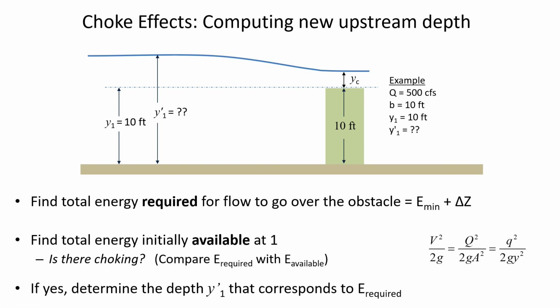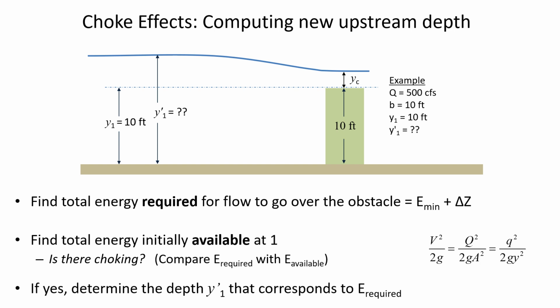Least amount of energy? That's right. He said least amount of energy. And so what it means is the most efficient flow depth, the flow depth that's able to convey the flow, Q, with the least amount of energy required, is the critical depth. And so the E minimum, E min, is 3/2 times y sub c.